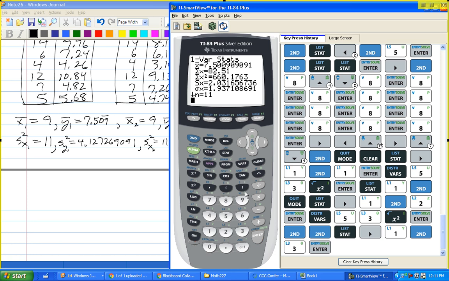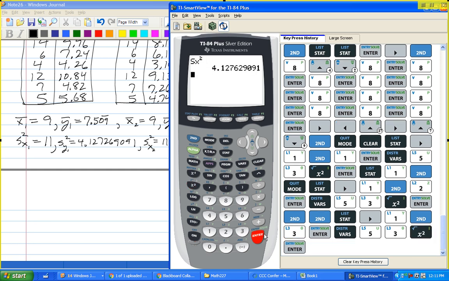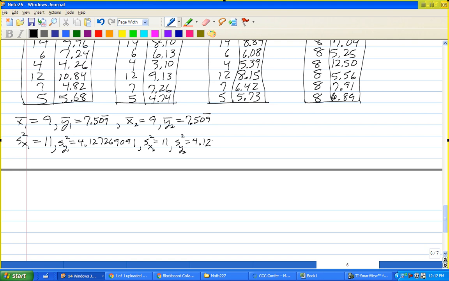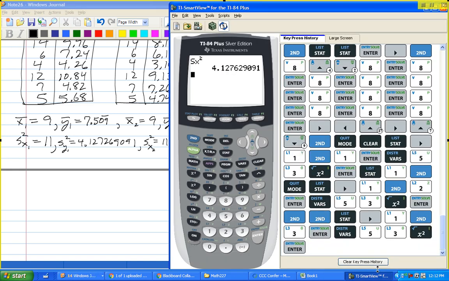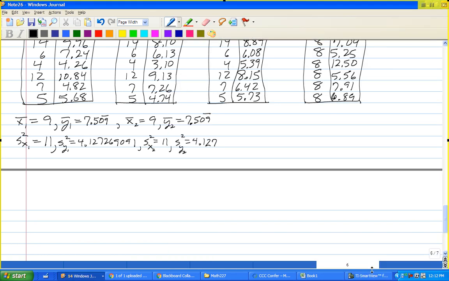And the variance is 4.127. Oh, I wonder if those are probably reversed, because then it'll be the same. Okay.